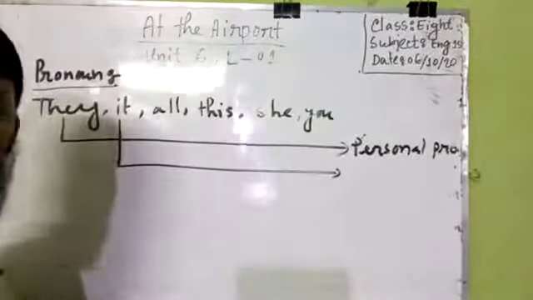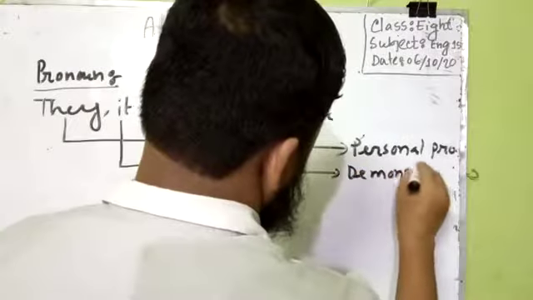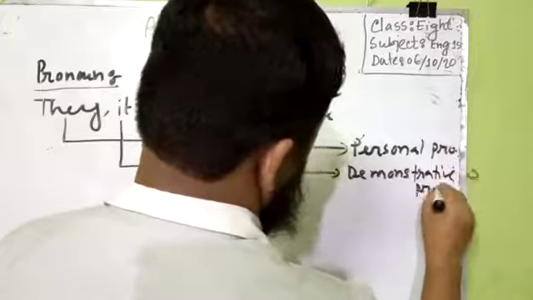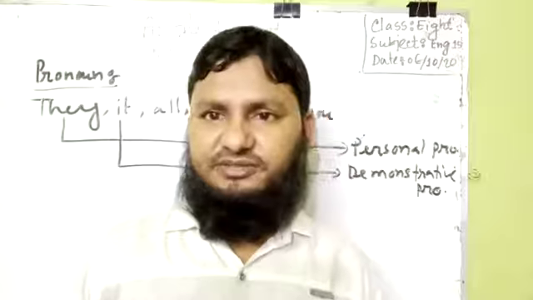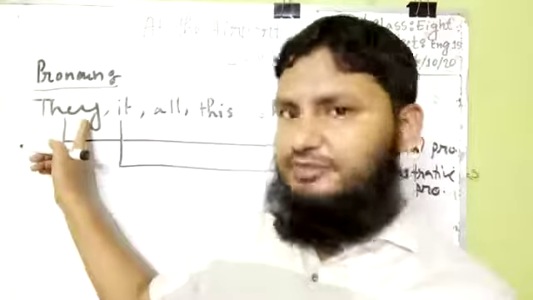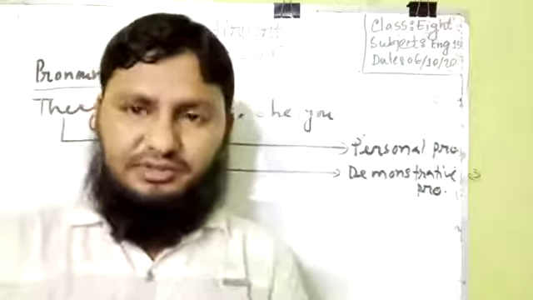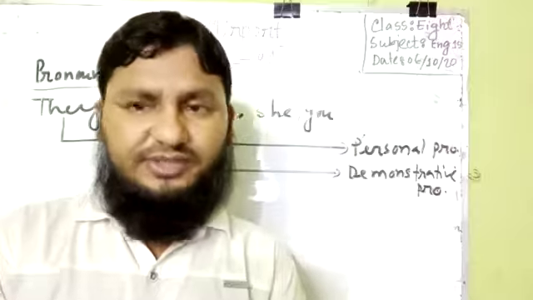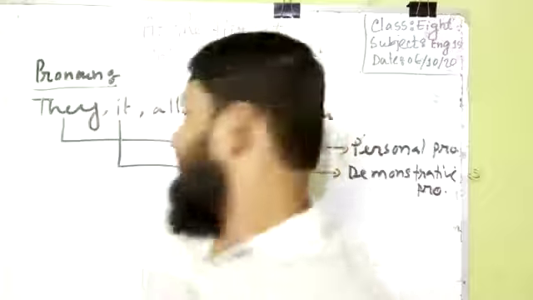And if you think about this word, it is demonstrative pronoun, because it indicates something. Here they is personal pronoun because it is used about some people or some persons. As it is used about person or people, it is called personal pronoun.